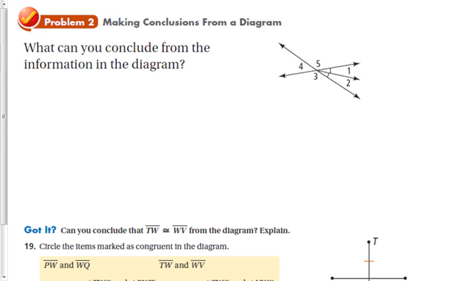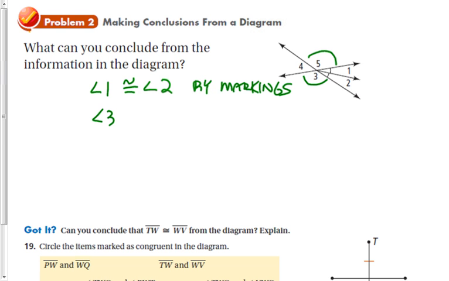All right. Making conclusions from a diagram. What can we conclude from the information in this diagram? Well, basically, just looking at how things are marked, we can conclude that angle 1 is congruent to angle 2, and that's by the markings. We can conclude other things also, like we can see that this angle and this angle, angle 3 and angle 5, are vertical angles.